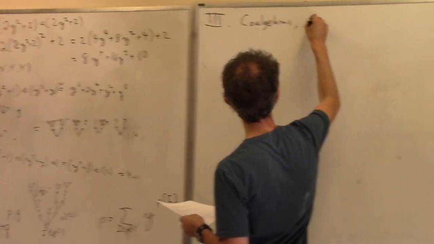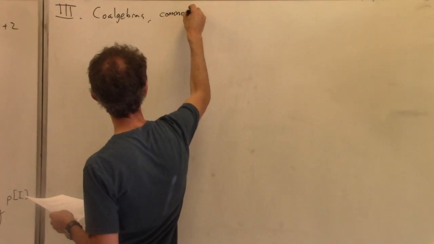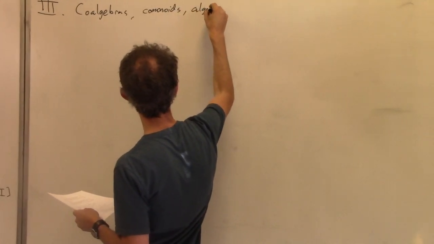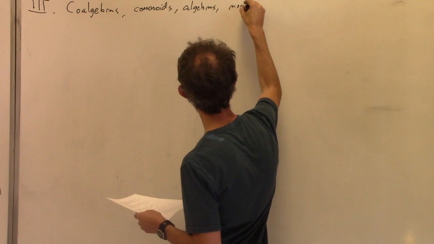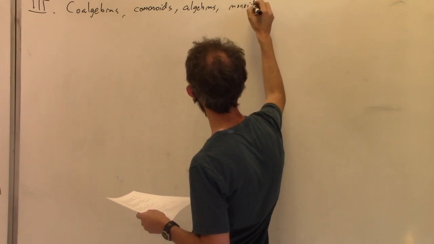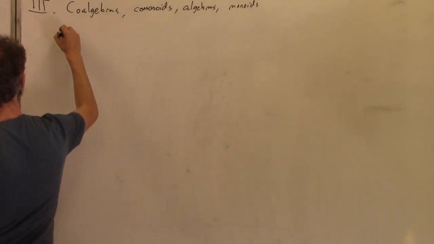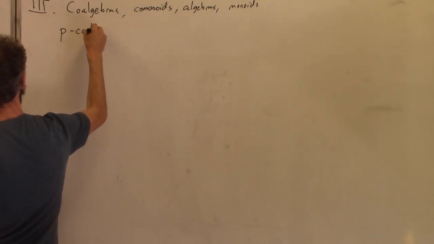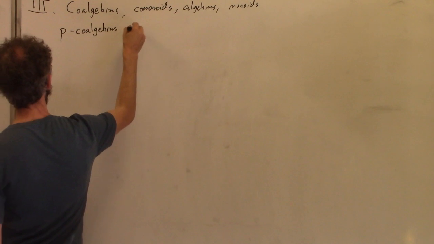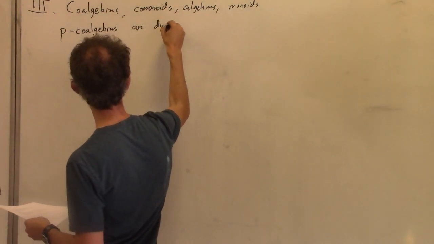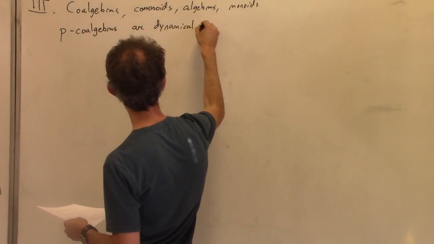So, co-algebras, comonoids, algebras, and monoids. And I maybe could say comonads and monads. So p-coalgebras are dynamical systems.